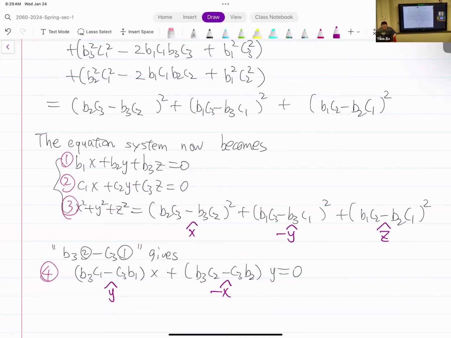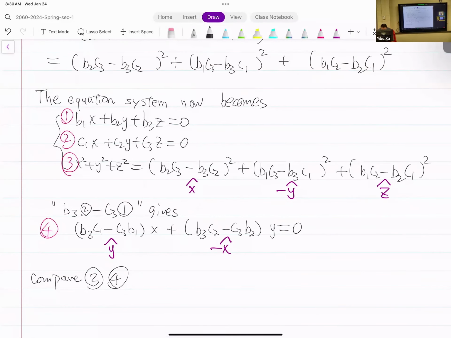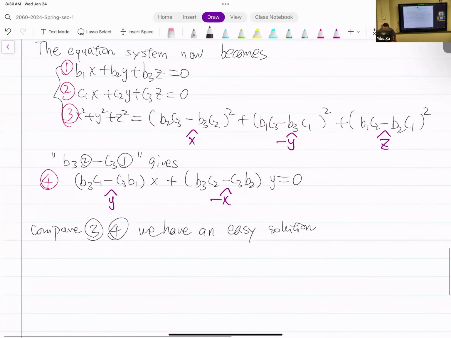So we're not really solving for x, y, z, but we're just trying to convince you that, comparing 3 and 4, we know that x hat, y hat, z hat as a tuple is a solution for x, y, z. We have an easy solution. So we only need these three equations.